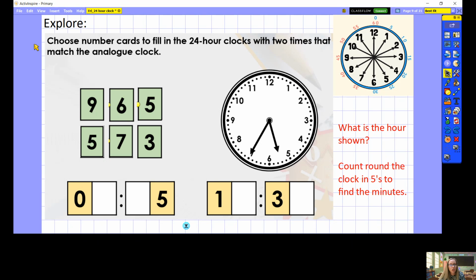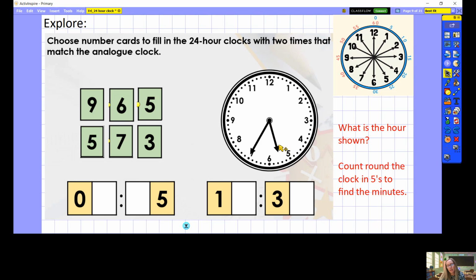Okay, so let's choose. You're going to choose number cards to fill in the 24-hour clocks of 2 times that match the analog clock. So here you've got some numbers, and you've got 2 times shown, so to match the time on this clock, we need to fill in the missing numbers. So let's work out first of all what the time is on our analog clock. Here you can see that the hour hand is between the 5 and the 6.